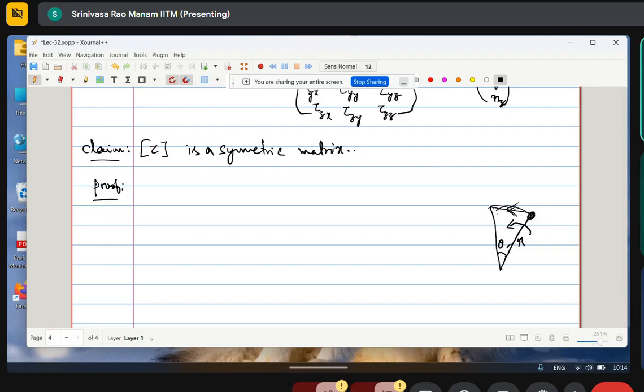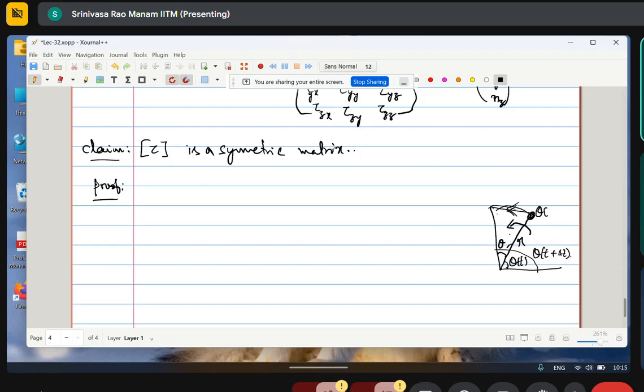So initially at theta, after some time, let us say in a time t, this becomes theta at t. If you connect it, this is your theta at t, and this whole thing is theta at t plus delta t.